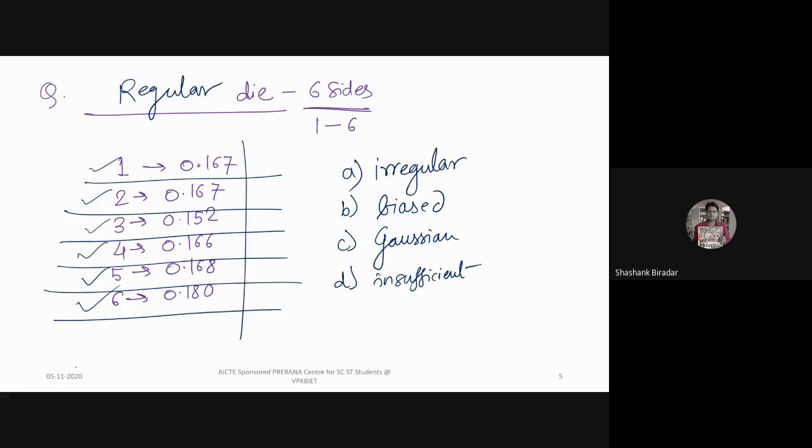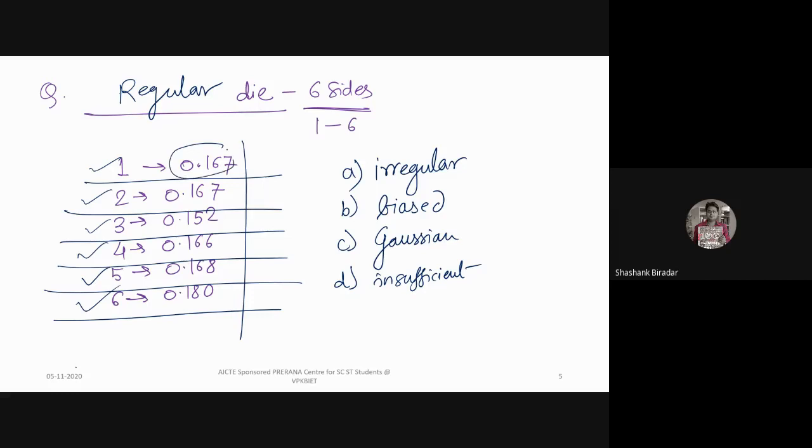For a very large number of throws, the frequency should be the same for an unbiased throw. As it is not saying the die is biased, for a very large number of throws the frequency should be the same for unbiased.